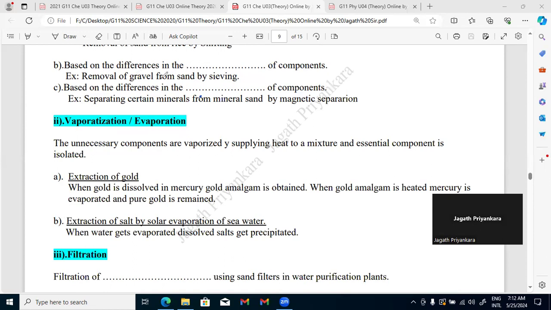No, not density. Removal of gravel by sieving is based on the difference in the size of the particles. The particles with a small size pass through the filter. Even filtration is the same thing.